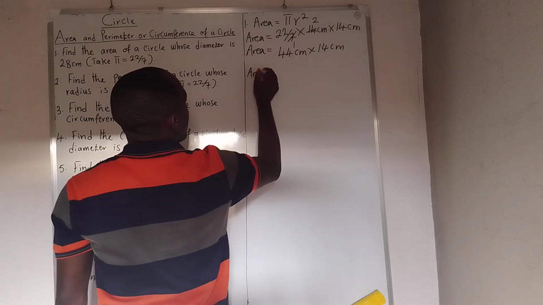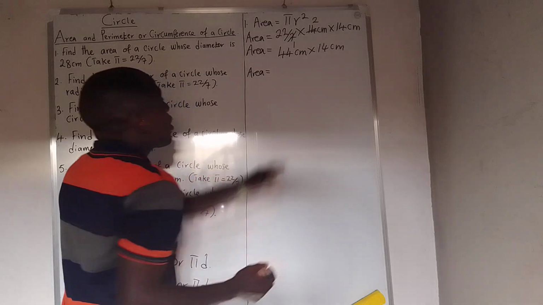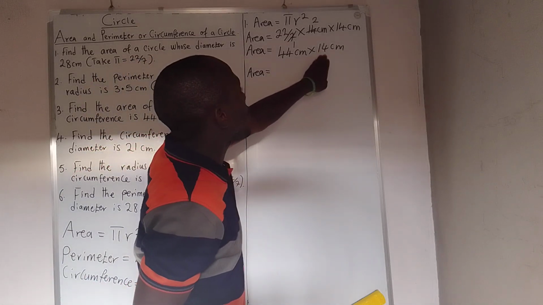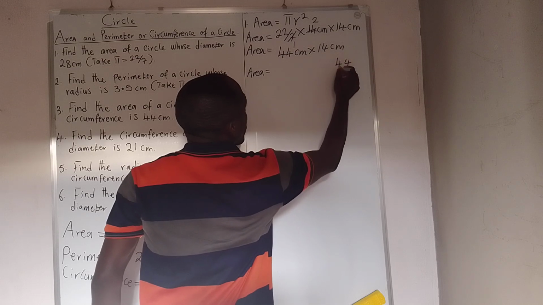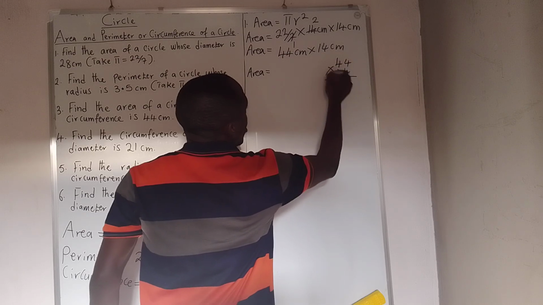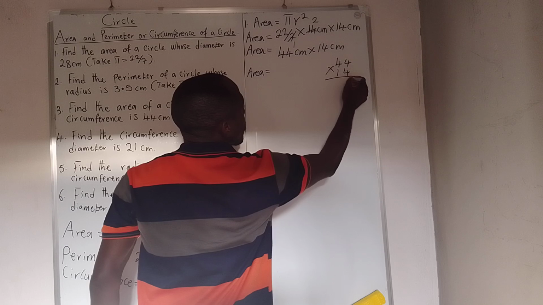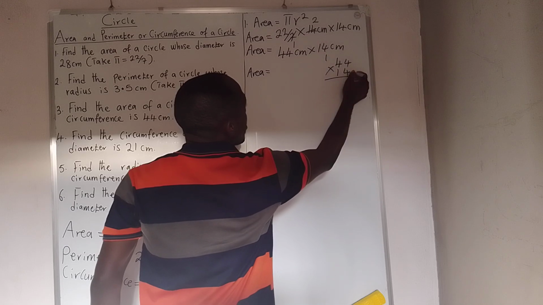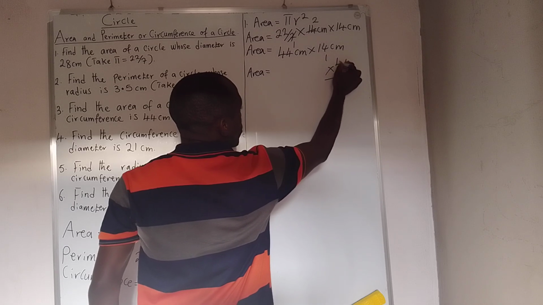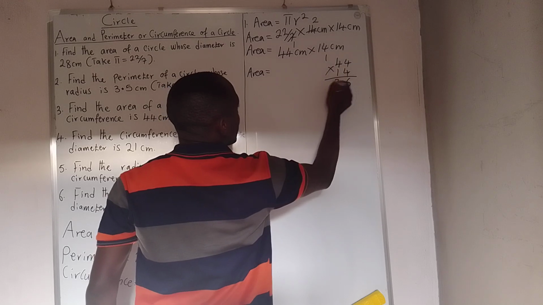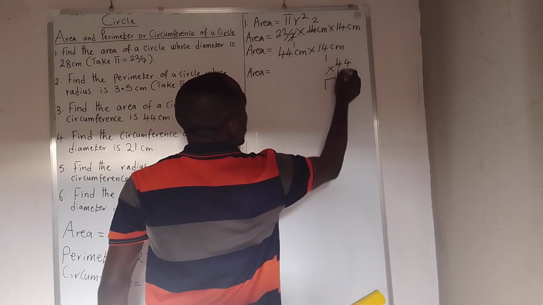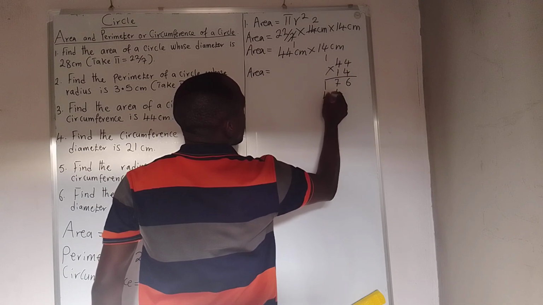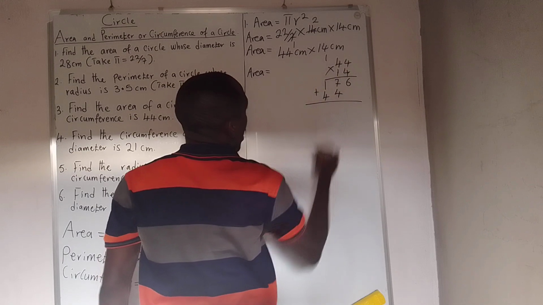So therefore our area is equal to 44 centimeter times 14 centimeter. Let's quickly multiply. We have 44 and 14. 4 times 4 gives us 16. You write 6, carry 1. 4 times 4 is 16 as well, plus 1 is 17. Now 1 multiplied by 4 is 4, and 1 multiplied by 4 as well is still 4. We draw our line, then we add.